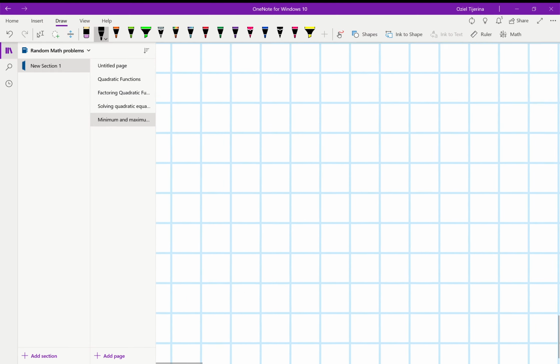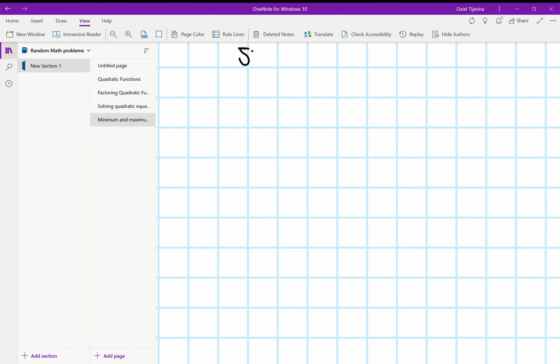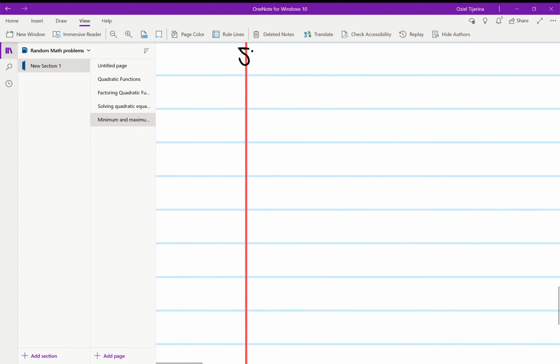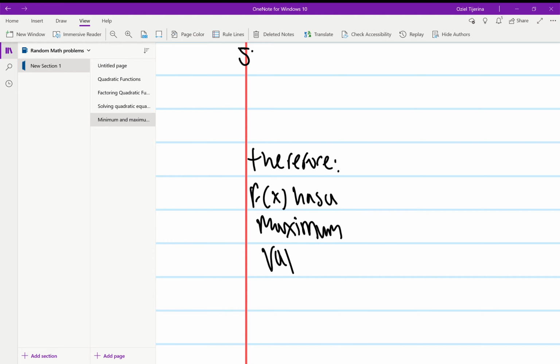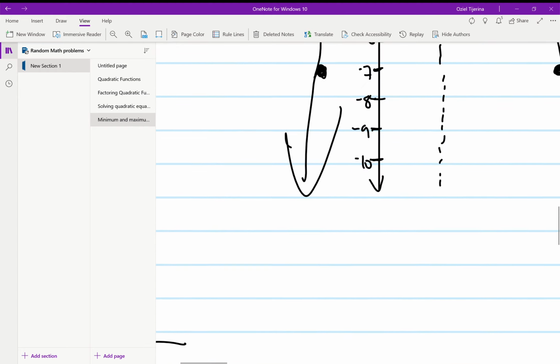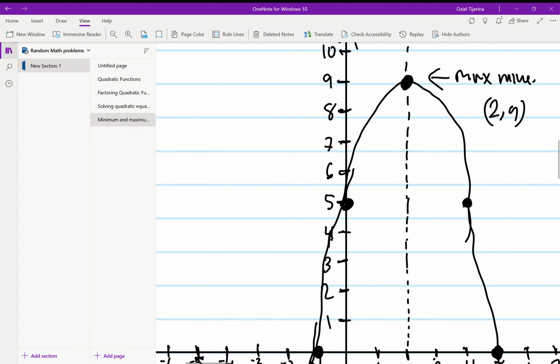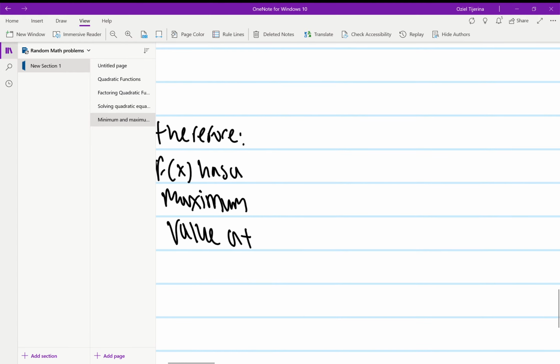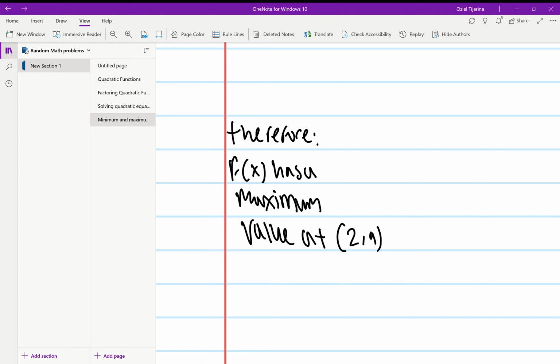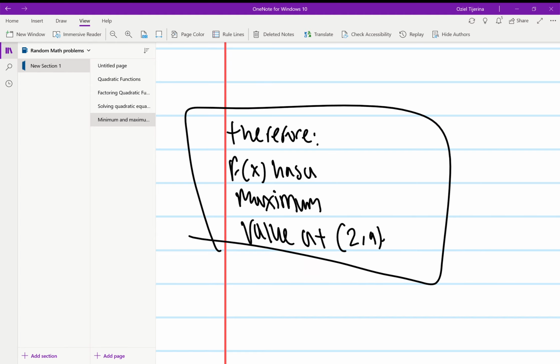So therefore, f of x has a maximum value at 2, 9. So that's how you do this one.